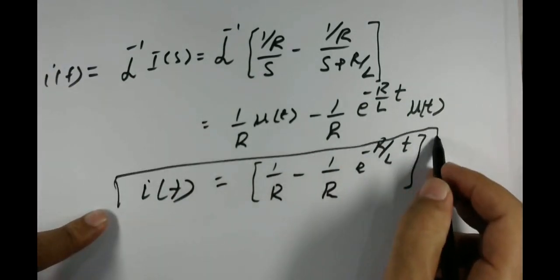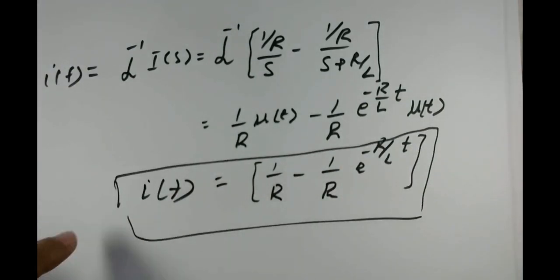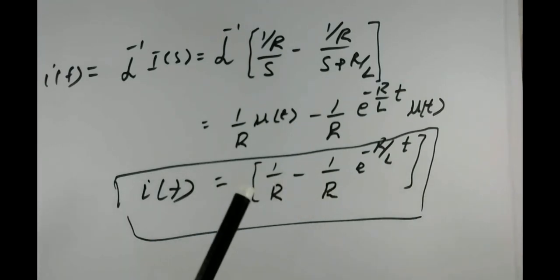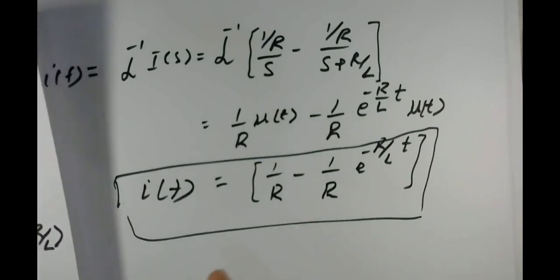So see, we did not need the differential equations. We first transform our differential equation into a simple algebraic equation, and then we proceed, then we use the inverse Laplace, and we got our solution.